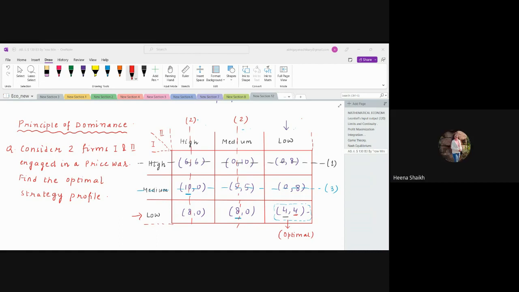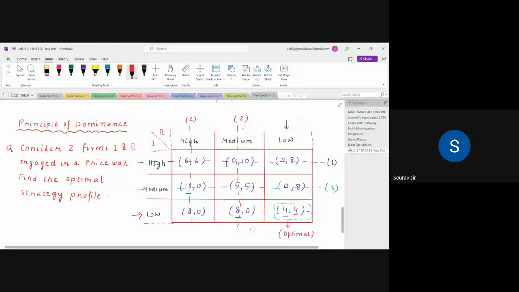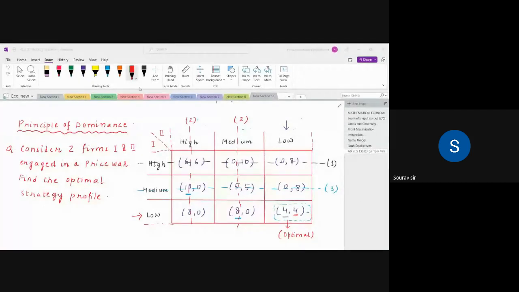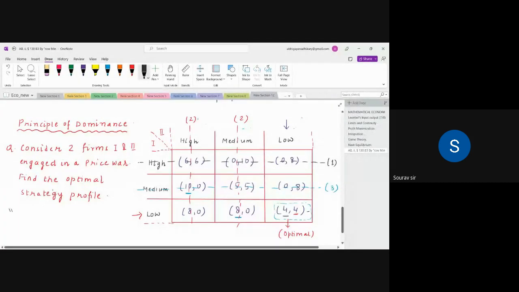Sir, just tell us what you said in the last line. Which method, which strategy? This method that we used in this case is known as iterative elimination of dominated strategies.